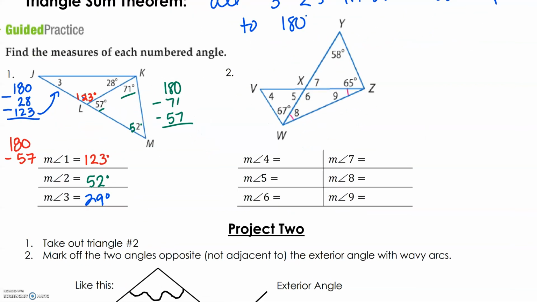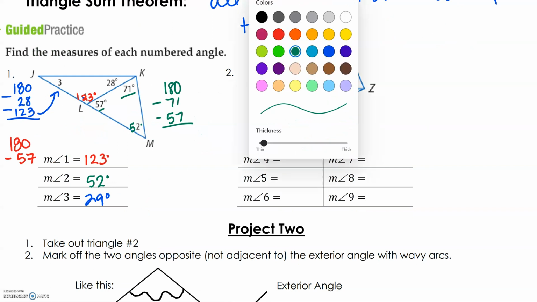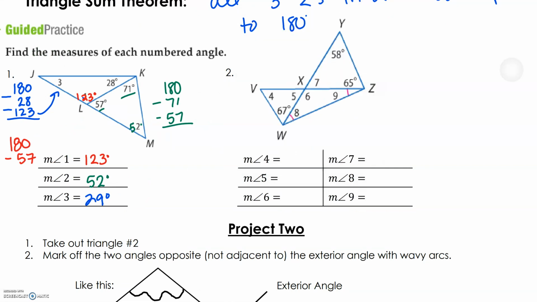So start with any triangle that you know two of the angles, so we can't start with 4 or 5. Can't really do anything here, but look at this triangle. We have these two. We could figure out what the measure of angle 7 is, since we already know two of them.